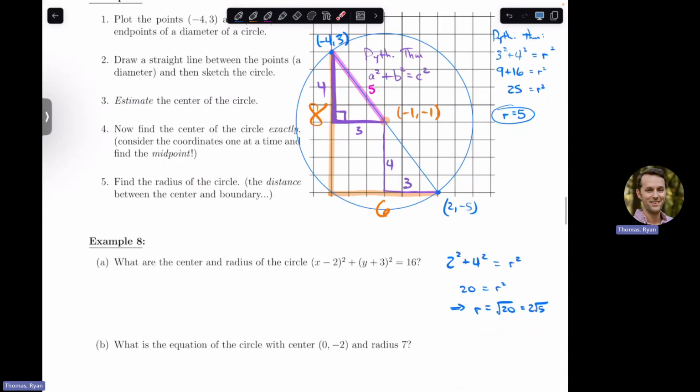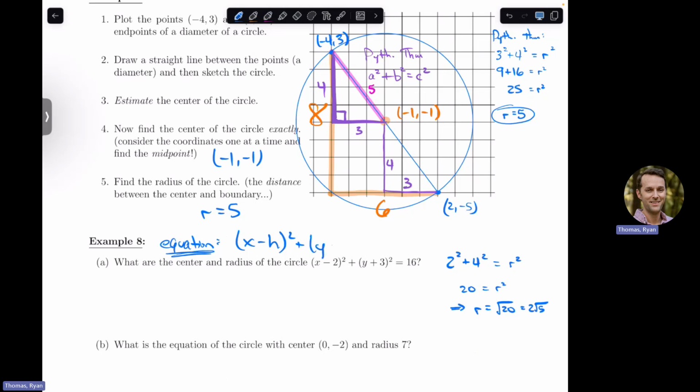Cool. So we've got the center, we've got the radius. Center was -1, -1. Radius was 5. Only other thing would be how we write down the equation of the circle. The standard general form for the equation of a circle looks like this.